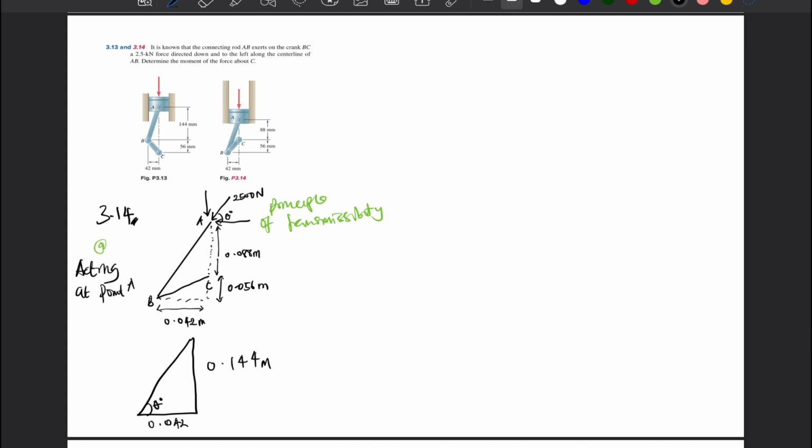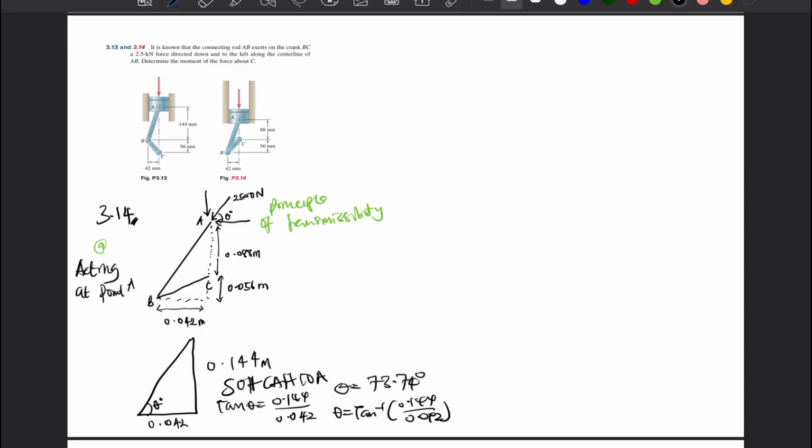And here 0.042. Since we have the opposite and the adjacent sides, we are going to use our tan. So theta is equal to tan inverse of 0.144 over 0.042, which gives us 73.74 degrees.